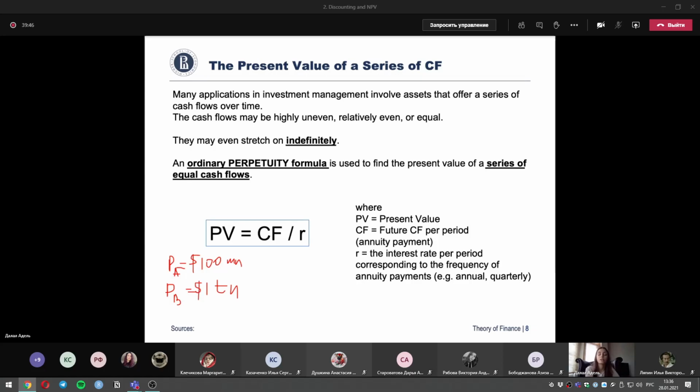Why does company B cost so much higher than company A? Where does this value come from? If you look at financial markets, you'll see price per share. The price of the whole company is price per share multiplied by the number of shares, as the number of shares is quite stable over time.